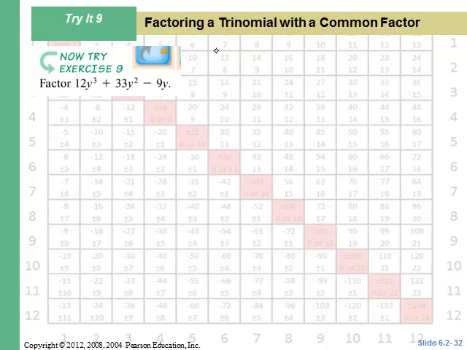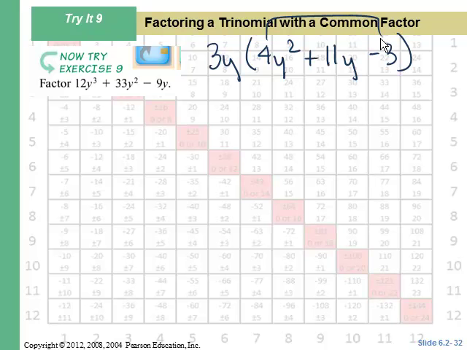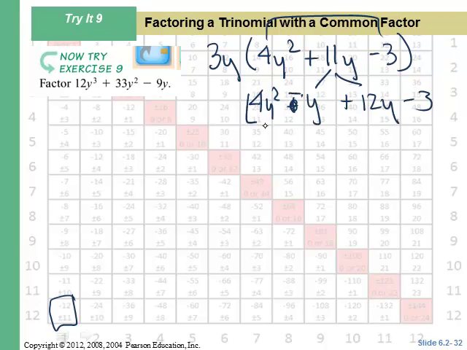Okay, so we're going to factor a 3y out of these, and we're left with 4y squared plus 11y minus 3. What two numbers multiplied equal 12 are 11 apart. There they are. So minus y plus 12y minus 3, 4y squared.